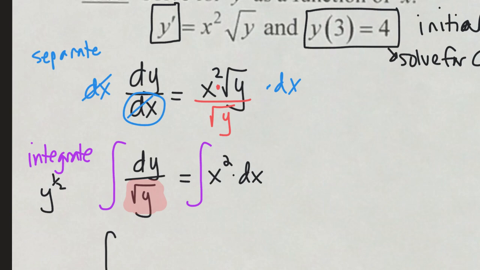So we change our square root to y to the 1/2. Since our square root is in the denominator, this is actually y to the negative 1/2 power. We are just rearranging dy over root y so that we have y to the negative 1/2.